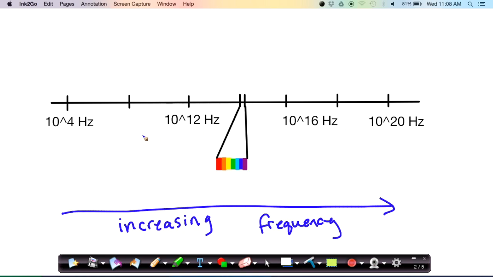The different portions of electromagnetic radiation with different frequencies are given special names in science. So the very, very low frequency waves are what we refer to as radio waves. A little bit higher frequency than radio waves are microwaves. A little bit higher frequency than that still we call infrared.